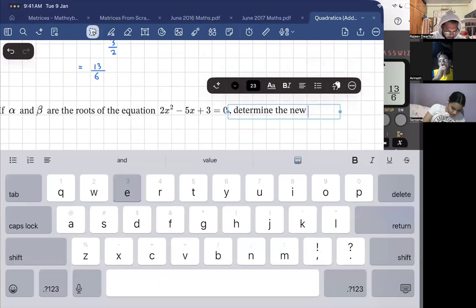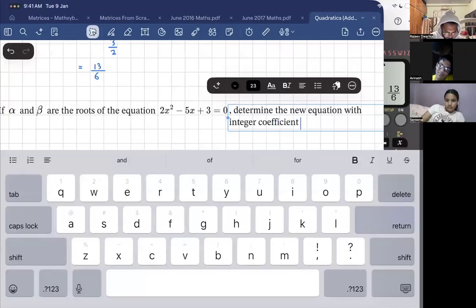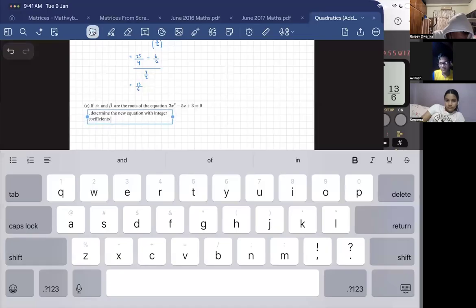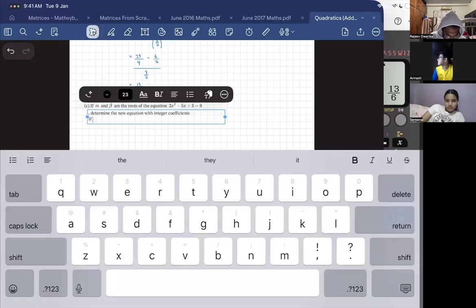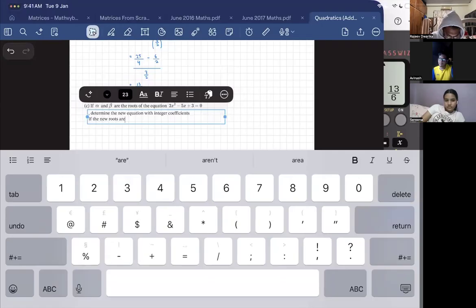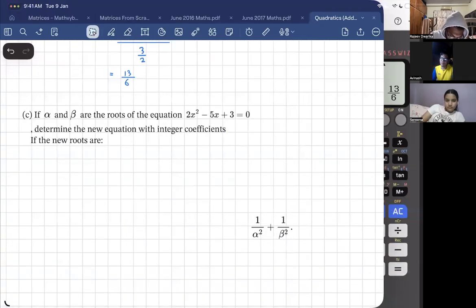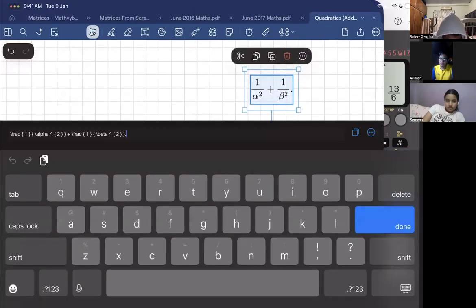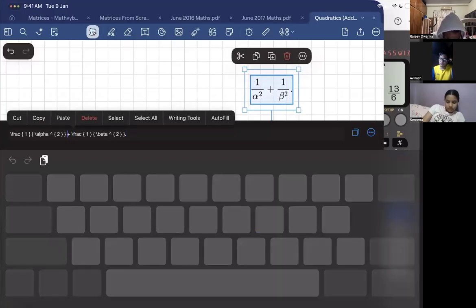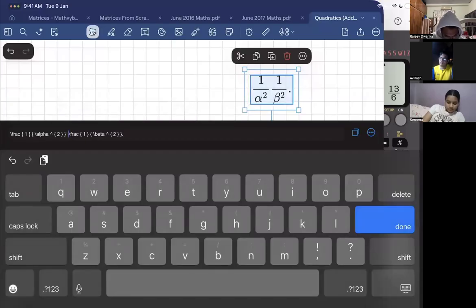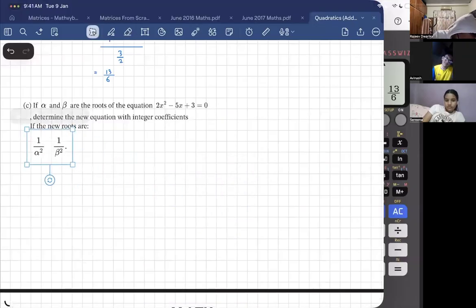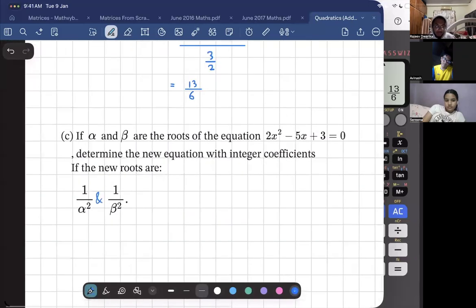All right, so determine the new equation. Avinash, I'd like you to read this one.